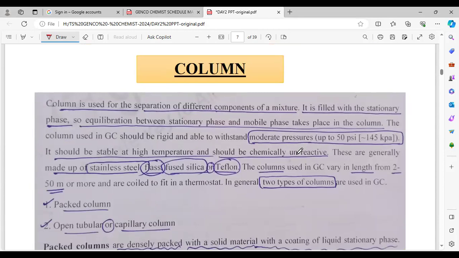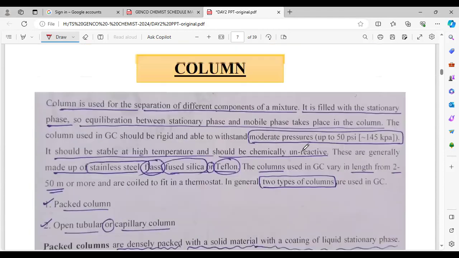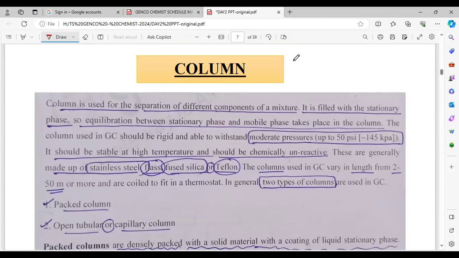Next one is the column. Column means that spring-like structure. Column is nothing but your stationary phase. Column is used for the separation of different components of a mixture. It is filled with stationary phase. So equilibrium between stationary phase and mobile phase takes place in the column. Does equilibrium take place in gas chromatography between stationary and mobile phase?